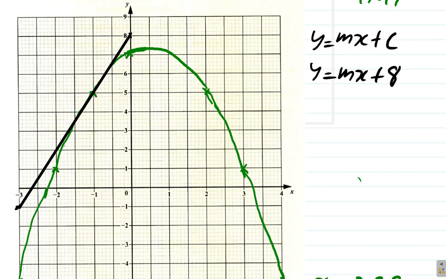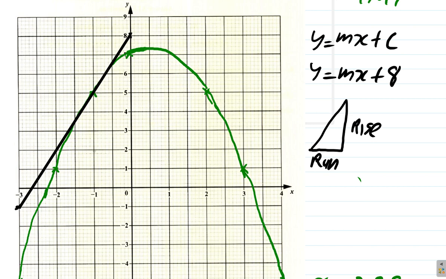Now, if you take 2 points on this line, say here and here, the gradient of this little triangle that you form would be the rise over the run.